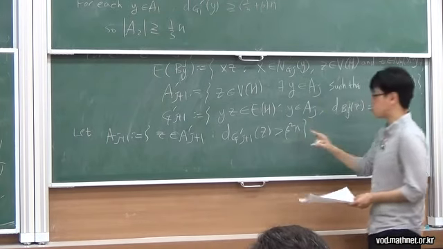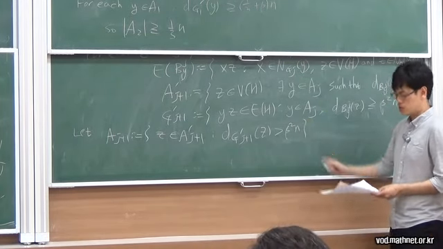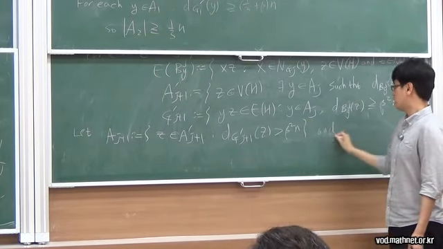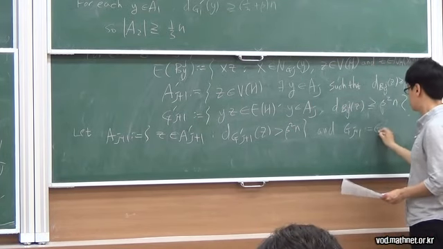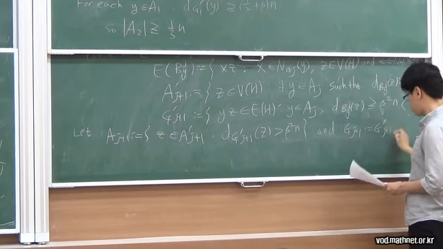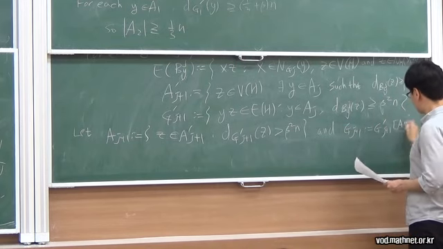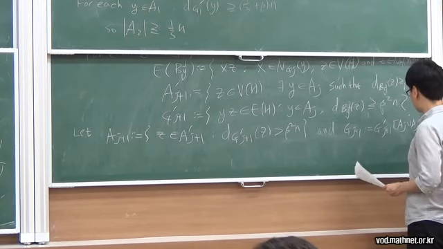So if at least beta square n choices, then we keep. And Gj plus 1 is just the induced subgraph between Aj and Aj plus 1.